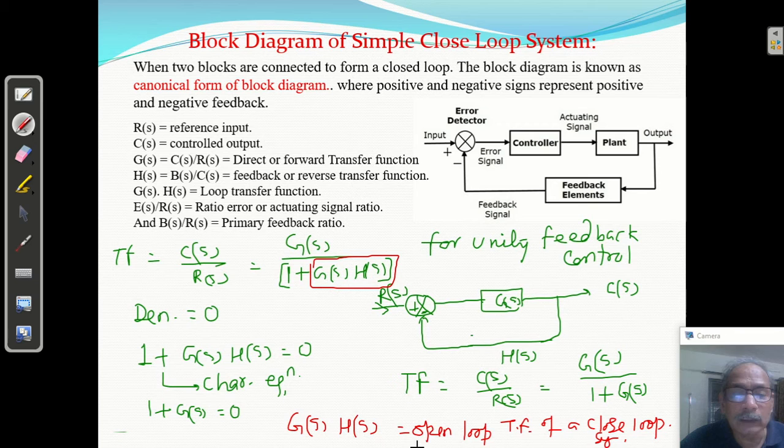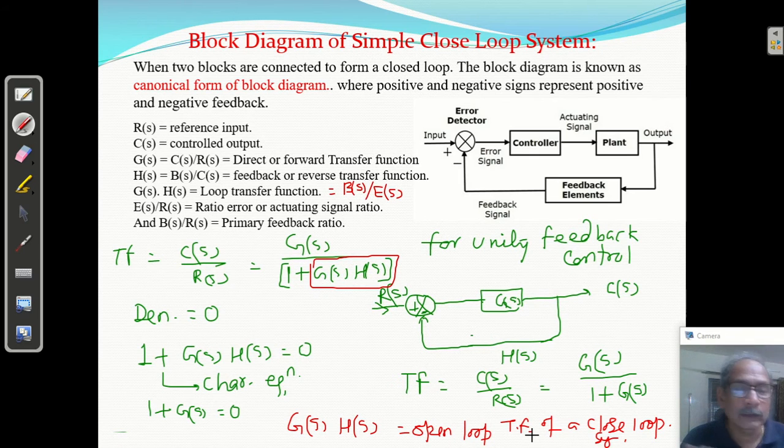This open loop transfer function is B of S upon E of S. If you solve this, you will get G of S H of S is known as the open loop transfer function of a closed loop system.